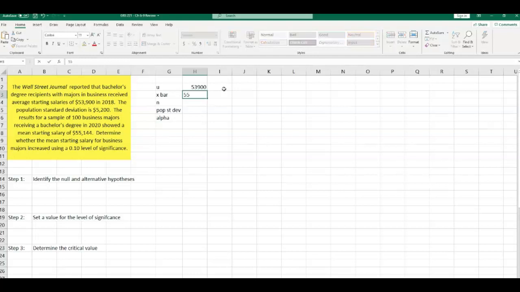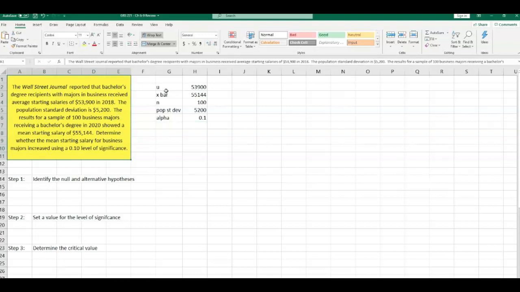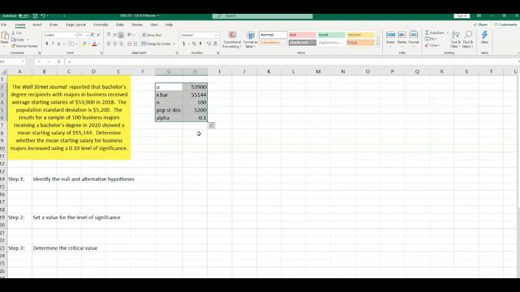That was the $55,144. Our N, that's just our sample size of 100. Our population standard deviation, we were told that was 5,200. And our alpha, that's our level of significance, and that's 0.1. So we've taken this whole paragraph and we've put it into just the pieces that we've been told.